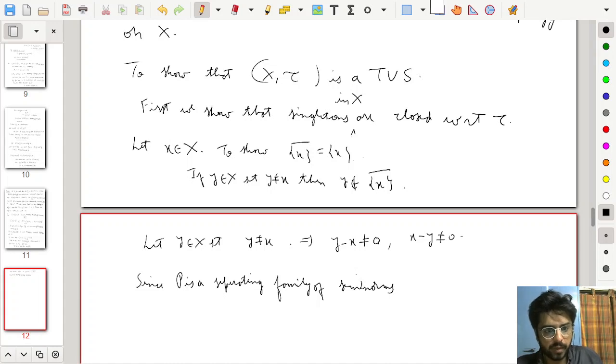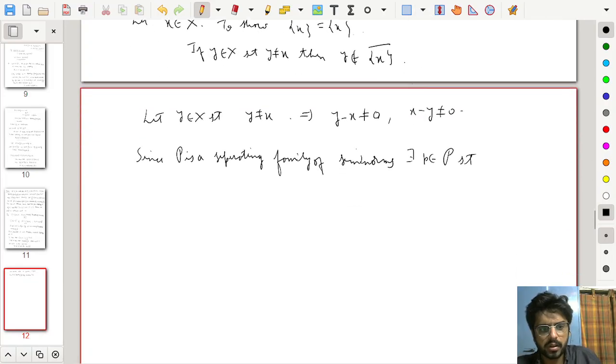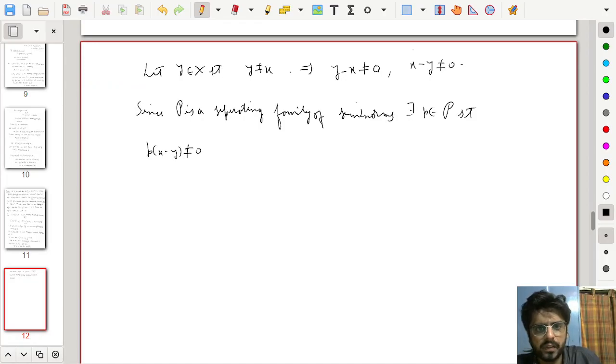Since P is a separating family of seminorms, there exists some p in P such that p of x minus y is non-zero. This is by the definition of separating family. You can find p in P such that p of x minus y is non-zero, right?